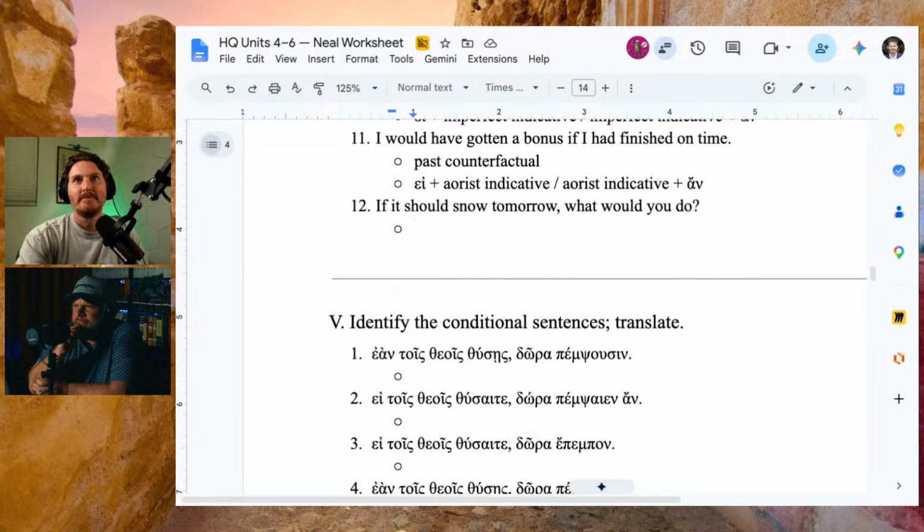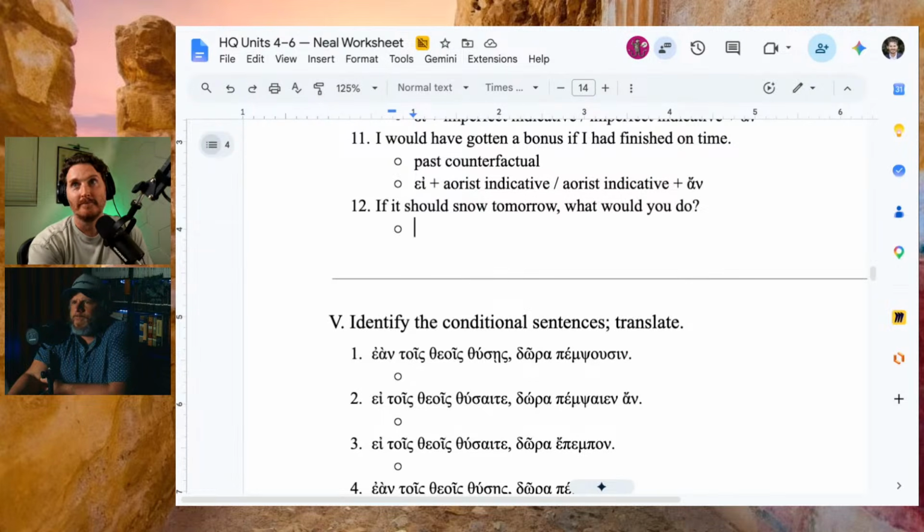Okay. If it should snow tomorrow, what would you do? So this is back to normal. If it should snow tomorrow is the protasis. What would you do? This is back to the optative again. And imagine we're saying this at the beginning of August, so it's probably not going to snow tomorrow.